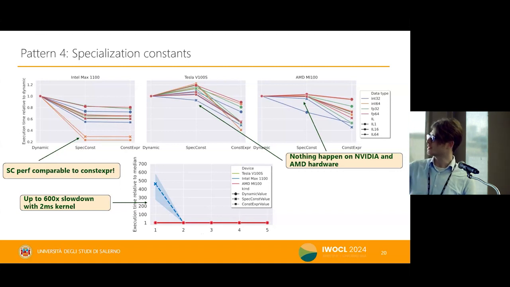Instead, on Intel hardware, the first execution takes way more time, up to 600 times more. In this case, the execution time was about 2 milliseconds and it takes 600 times 2 milliseconds. So it really depends. It can be a huge impact in case you have a very, very small kernel.